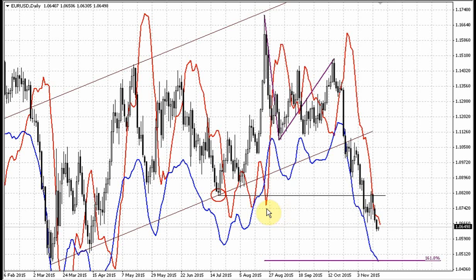But in the short-term perspective, the situation is a bit blurry because the euro currency doesn't form any clear patterns that could make the task easier of finding an acceptable point for taking a short position again. Before this moment we had two possibilities for taking the short position.